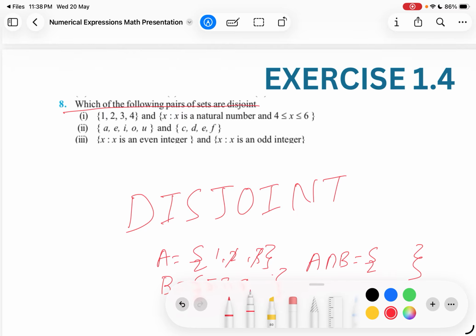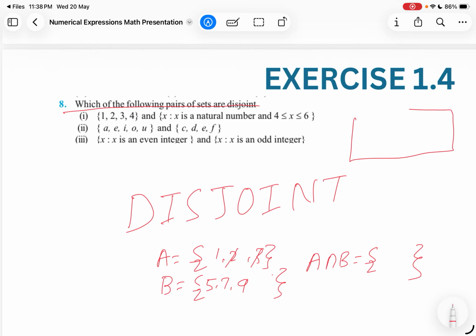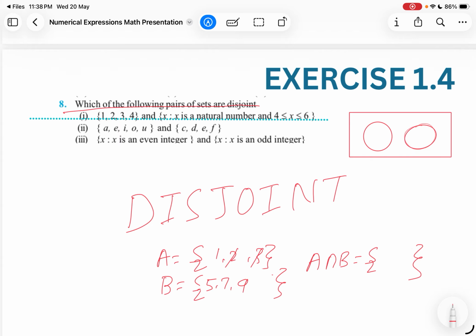So this is called disjoint. How can we visualize this? For example, this is our universal set, and here we have one circle, and here we have another circle. There is no common area in both sets, so this is called disjoint. Now, the first pair: x is a natural number with x less than or equal to 4, and the other is 4 to 6, so here it will be 4 5 6.